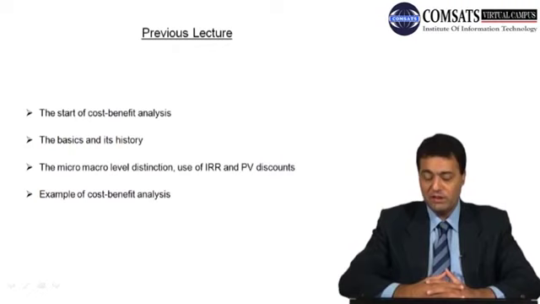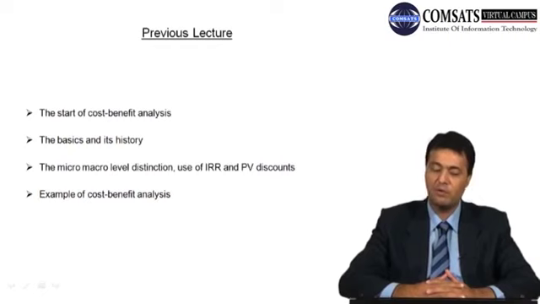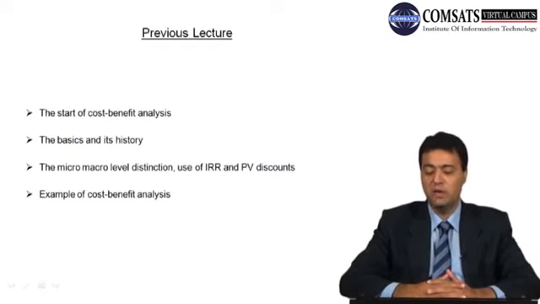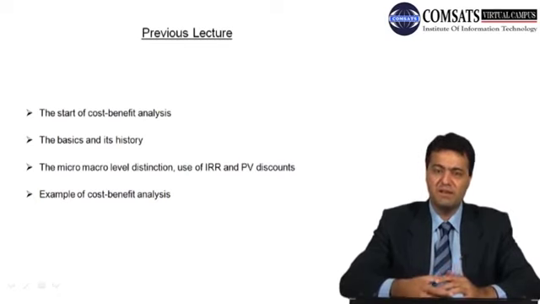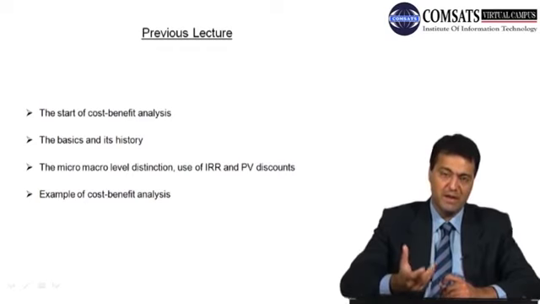The micro and macro level distinction, the uses of IRR and present value discount. We said that when we are doing this cost benefit analysis, there are two levels, a micro level and a macro level. At micro level, you can use IRR, present value discount. At micro level, in fact, you can just do a simple cost and benefit analysis in money terms.